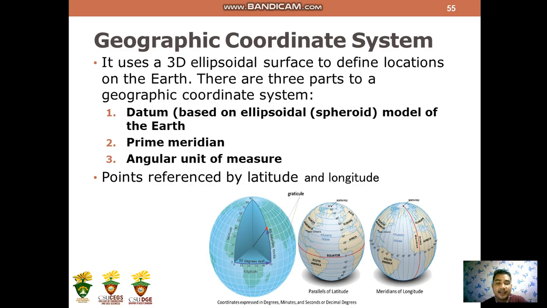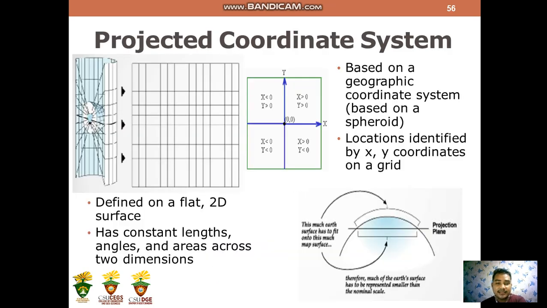So if you see latitude and longitude, it is a geographic coordinate system. A projected coordinate system is based on the geographic coordinate system, again on the ellipsoid, and the location is identified by X and Y coordinates. It is Cartesian, defined on a flat two-dimensional surface with constant lengths, angles and areas across the two dimensions. So basically the difference is that geographic uses latitude and longitude, and projected is Cartesian.